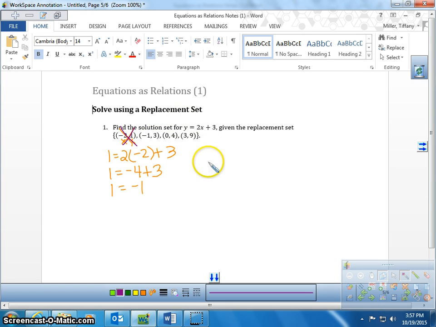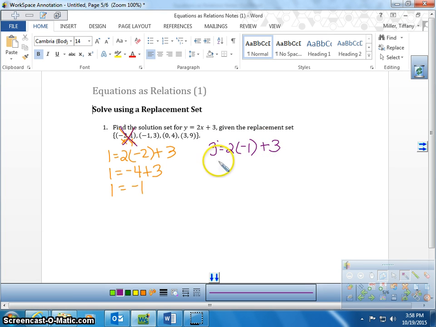Now let's try (-1, 3). So I have -1 is equal to 2 times 3. I'm sorry, I did that backwards. My y is 3. So I'm going to have 3 is equal to 2 times -1 plus 3.